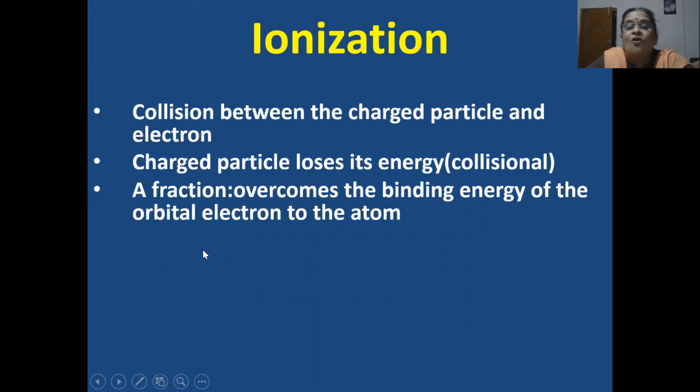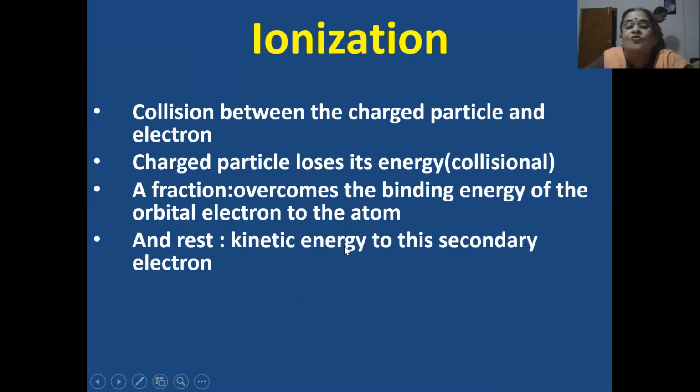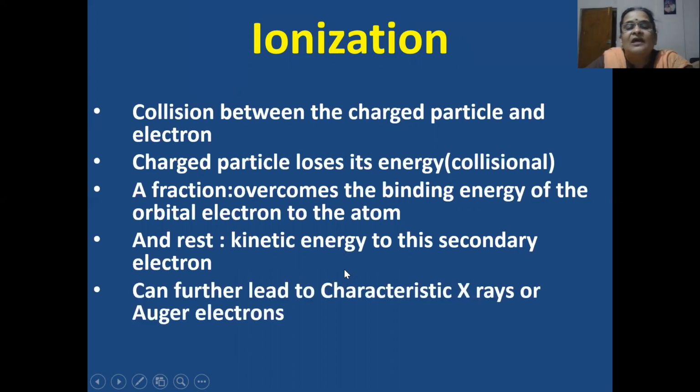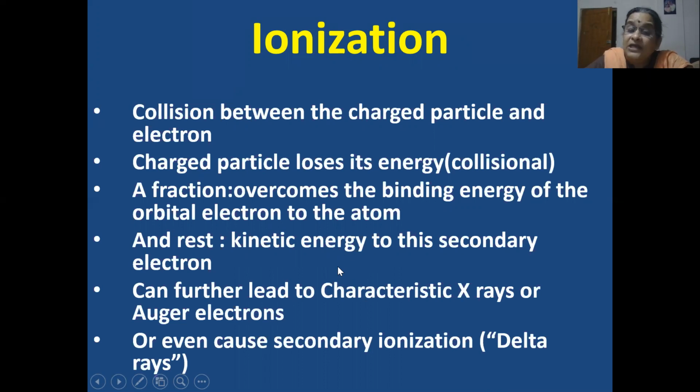A fraction of it overcomes the binding energy of the orbital electron to the atom, while the remaining goes as kinetic energy to this secondary electron. It can further lead to characteristic X-rays or Auger electrons, and even cause secondary ionization. They are called delta rays.